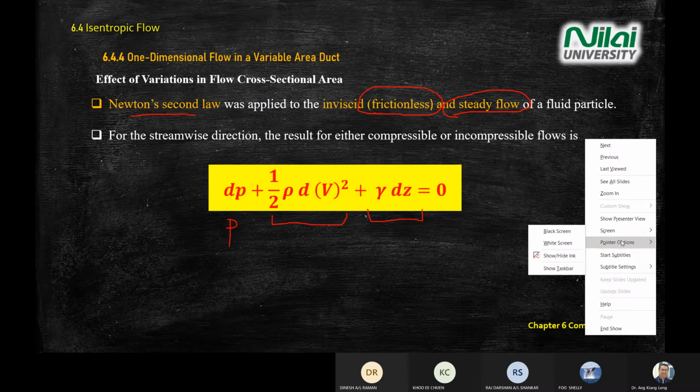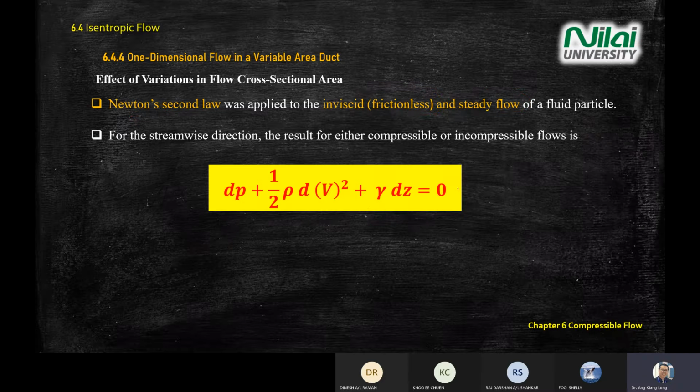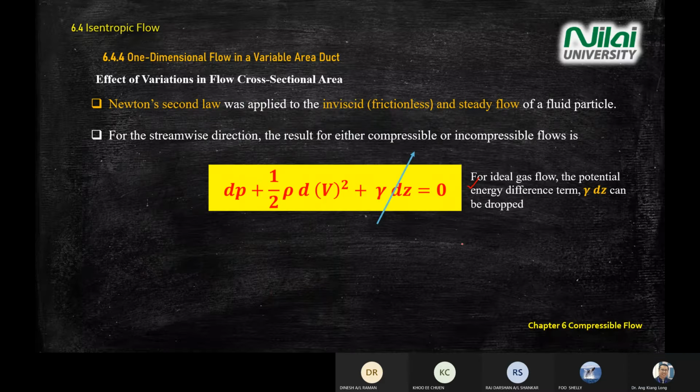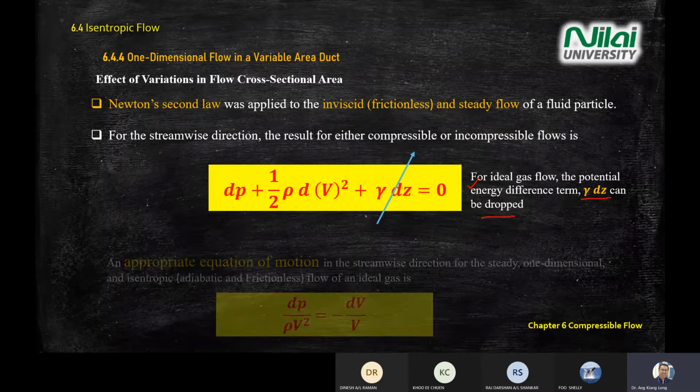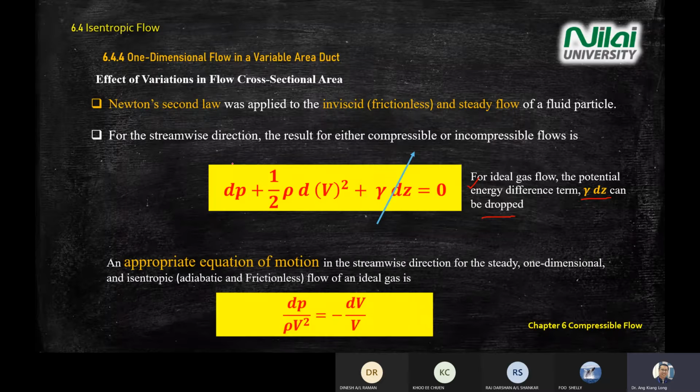You saw this one in the first session. So for ideal gas, the potential difference you can ignore, because for ideal gas the elevation is very, very small. So from here, you rewrite the remaining equation.